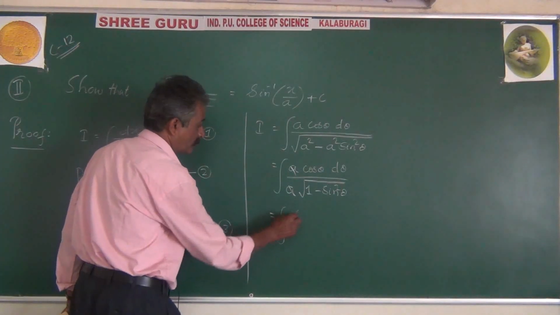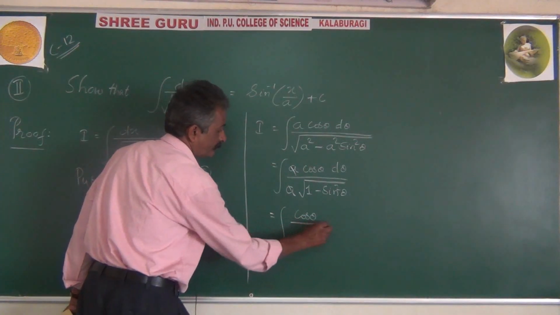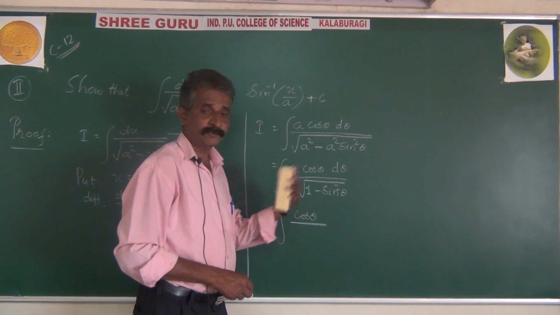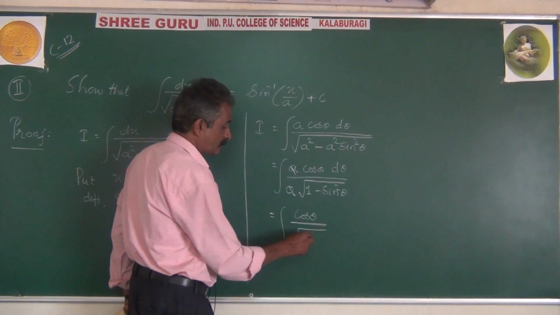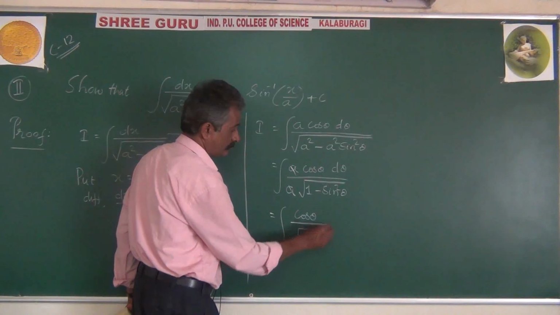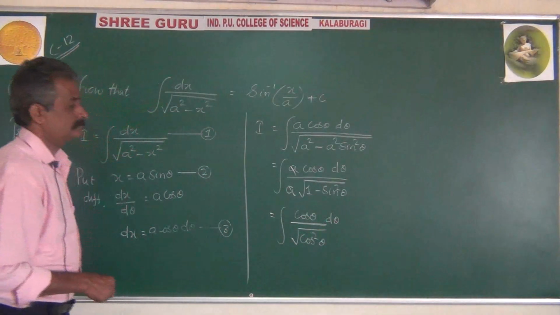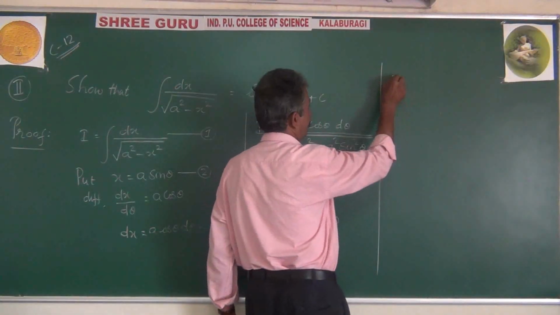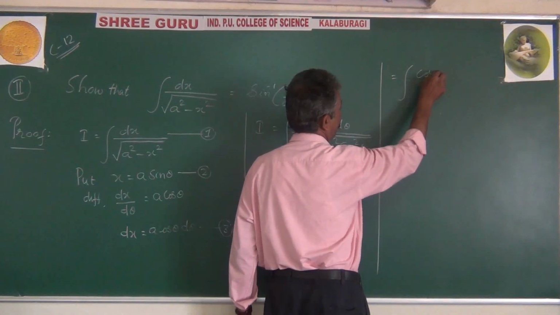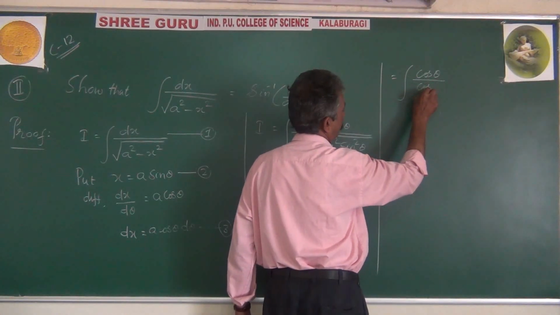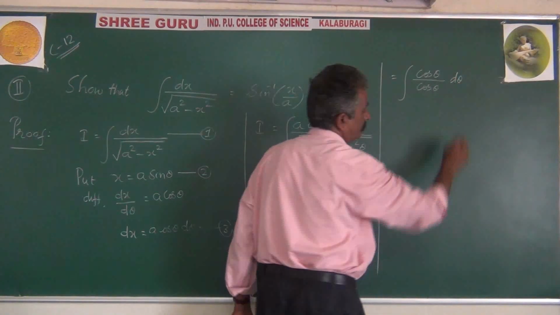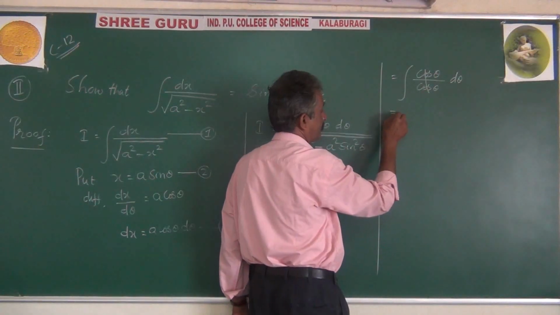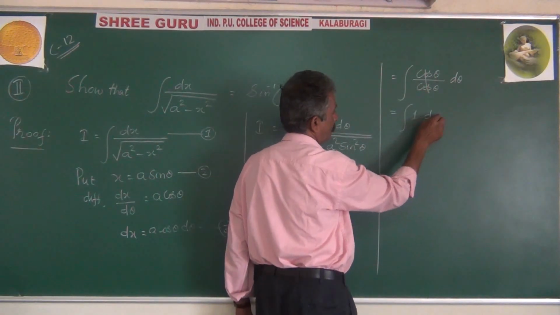That is equal to integration cos theta divided by root of 1 minus sin square theta, and from trigonometry 1 minus sin square theta is cos square theta, so it becomes root of cos square theta. That is integration cos theta divided by cos theta. So cos theta will cancel out. The left is only integration of 1 d theta.